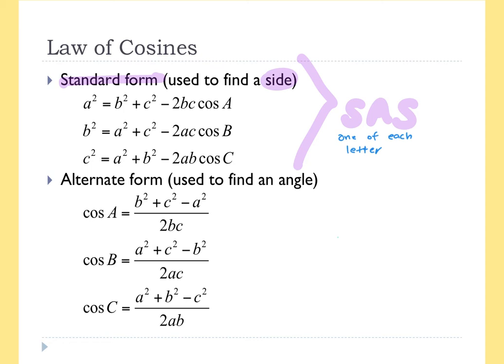The side you're missing goes on the outside. So if you have two sides and the included angle, you'll put the side you're missing on the outside.